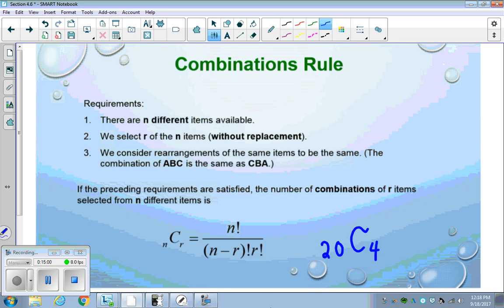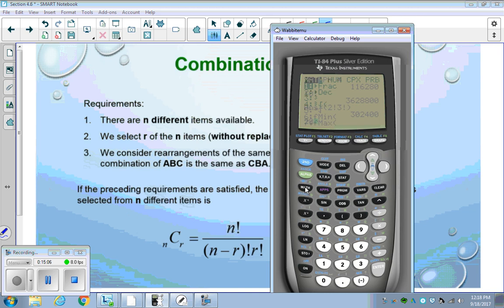I'm going to do 20, math, go to probability, and this time I'm going to choose number 3, nCr. And again, I'm going to choose 4 out of that 20. So it would be 4,840 different possible outcomes.